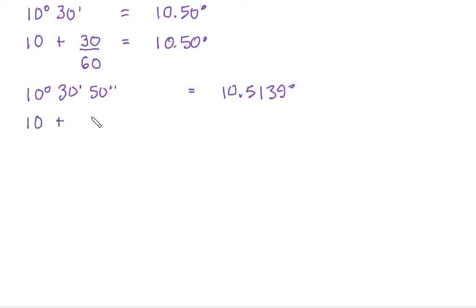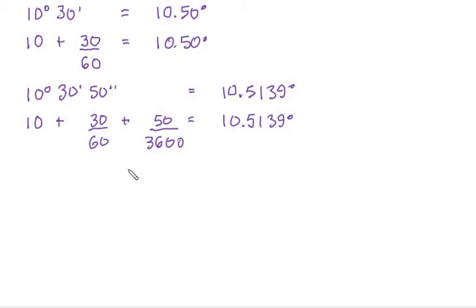We take our minutes, divide that by 60 again, so 30 over 60. And then we take our seconds and divide that by 3,600. That equals 10.5139 degrees.